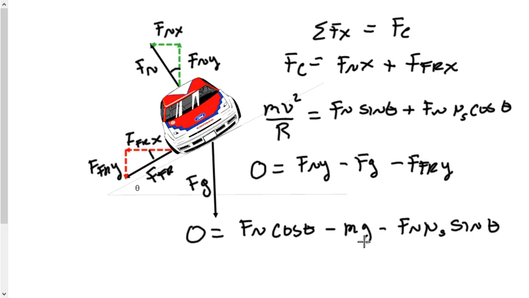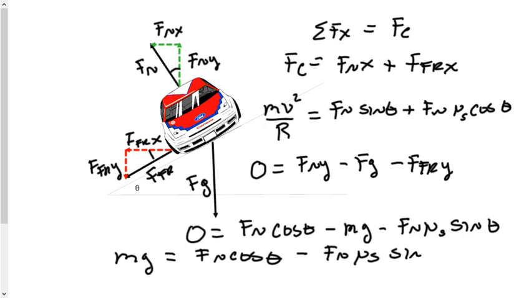Okay, so let's move maybe mg to the other side and keep everything else there. So I've got mg is equal to force normal cosine of theta minus force normal mu s times the sine of theta.